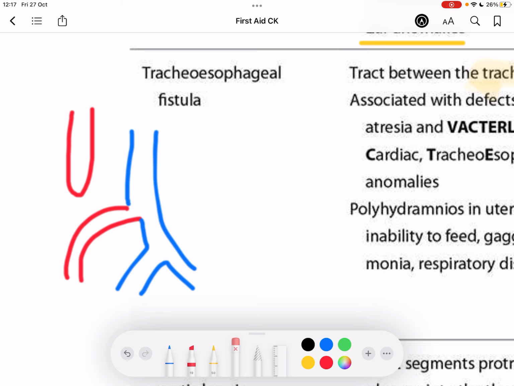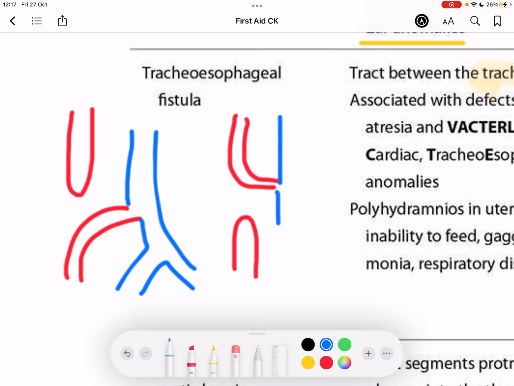We can have different variations as well. We can have a proximal fistula instead and a distal atresia. Okay, so it can look instead a little bit like this.